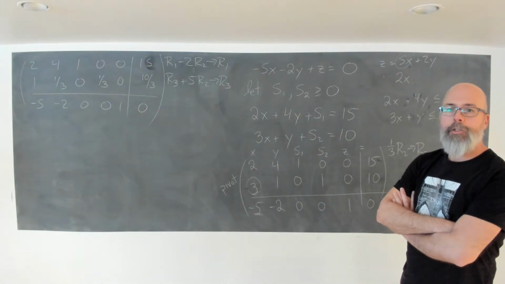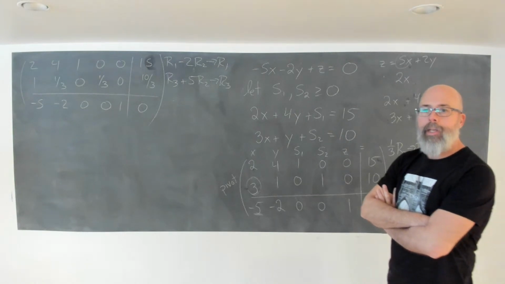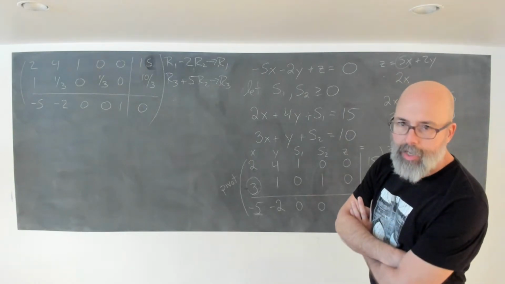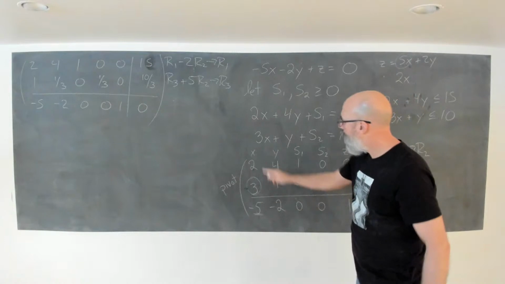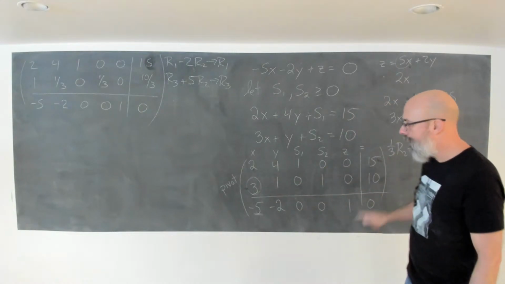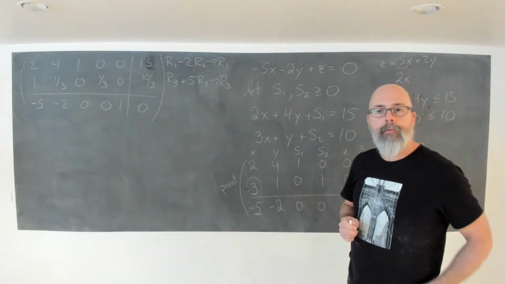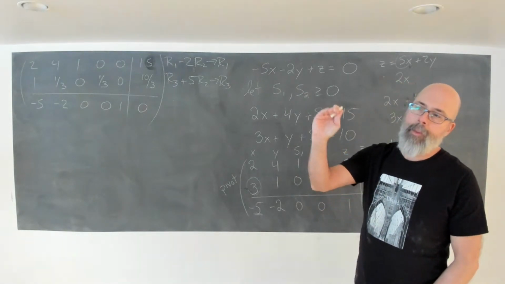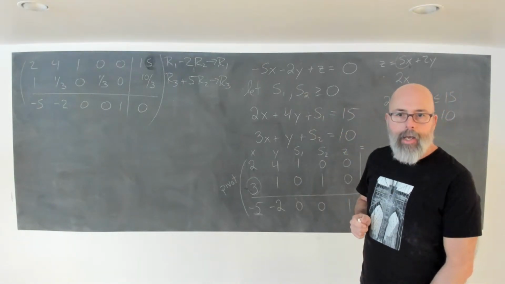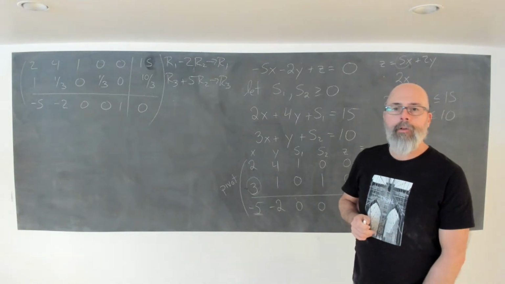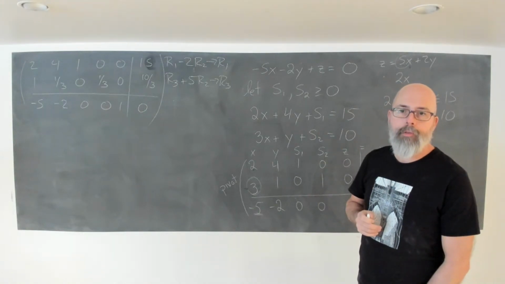An excellent question, George. What if the quotient is the same? Right? What if you had two quotients the same? Or you had two minimums the same? Let's define a rule that you will take the topmost.